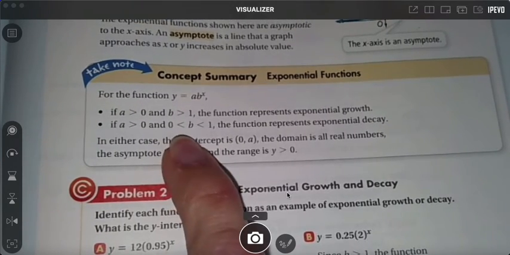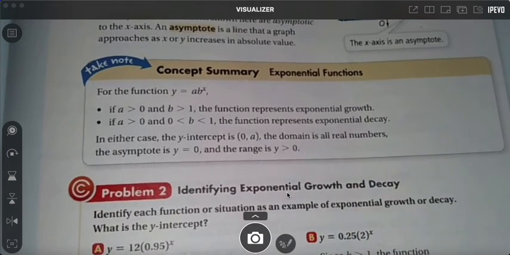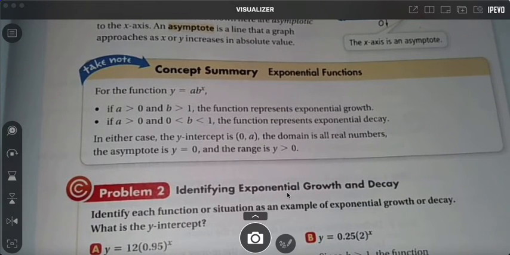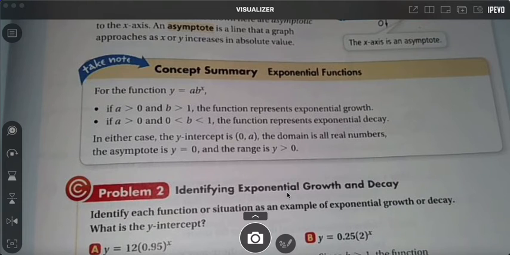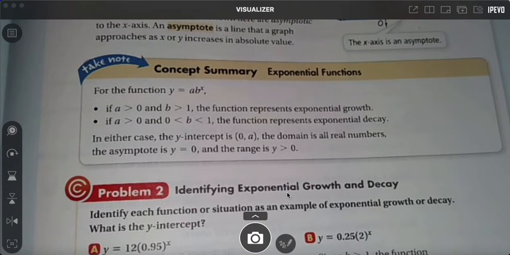If the b is between 0 and 1, it's exponential decay. But if it's a number that's bigger than 1, it's exponential growth. Sometimes I like to say, if it's a decimal or a fraction, it's exponential decay. But that's not the case, because 3/2 is a fraction, but it's bigger than 1. So you're looking at whether it's between 0 and 1, or bigger than 1. Is it decay, or is it growth?